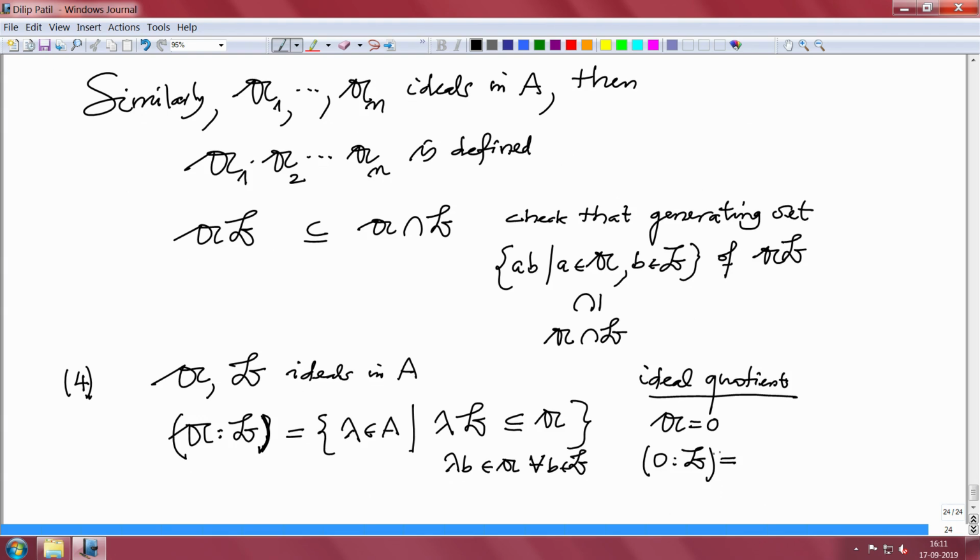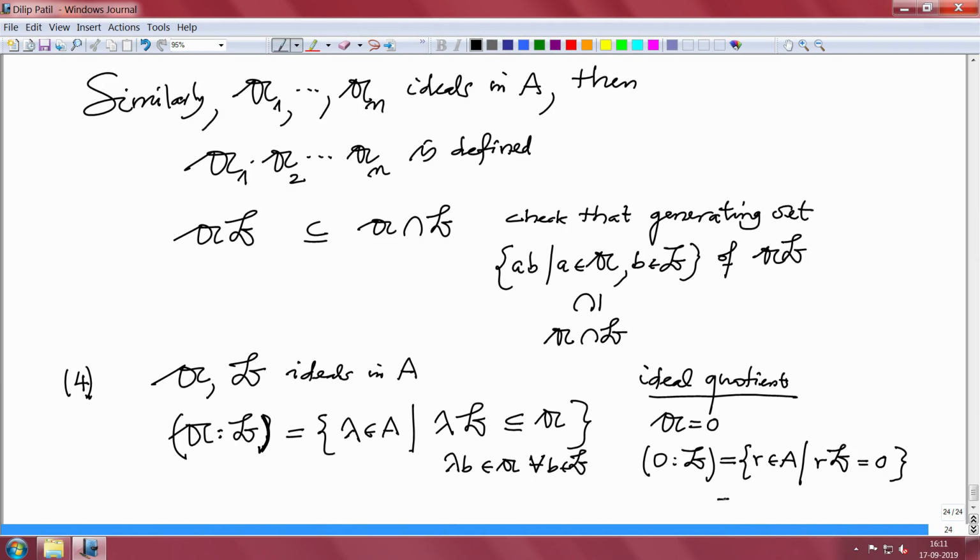This means all those elements, let me not use the letter λ, but the letter r, r in A such that r times 𝔟 is contained in 0. So, r times b is 0.